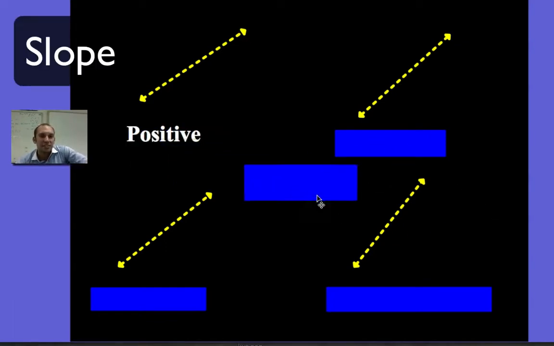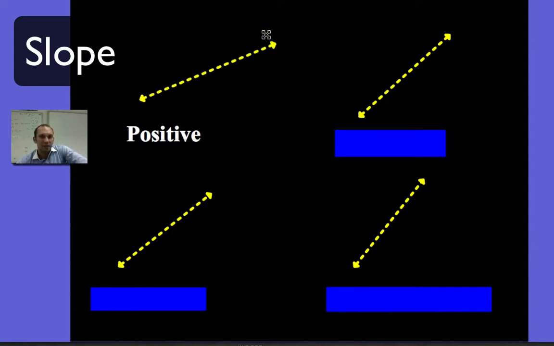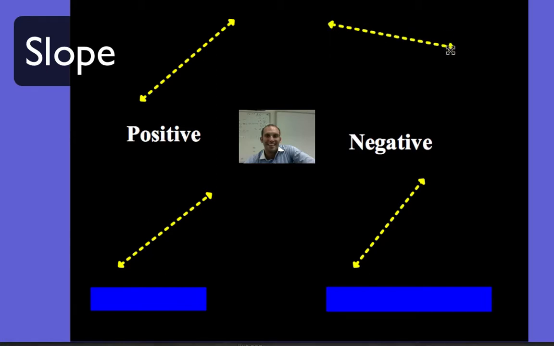Now let's look a little bit more at slopes. Let's take a look at this slope. If it's positive, that means the slope is going to be in the positive direction. It's going to look just like this, going straight up. If we are negative, then the slopes are going to be a little bit different. A negative slope looks like this, when we're coming down like that, like downhill.